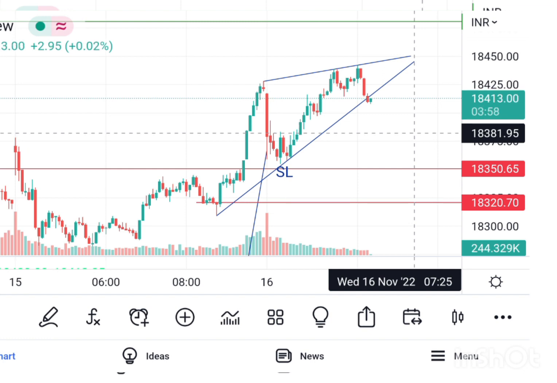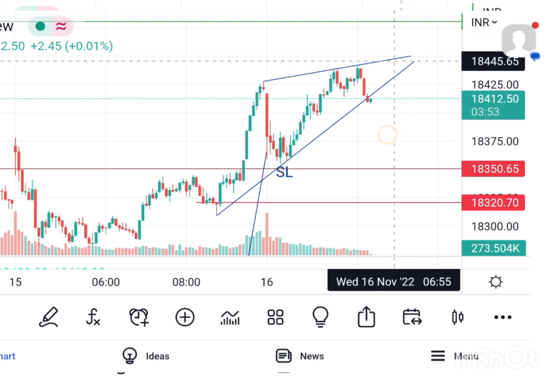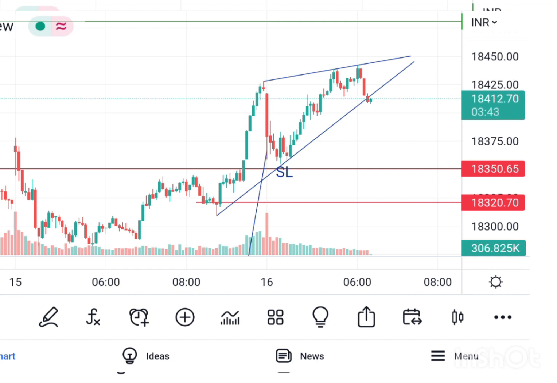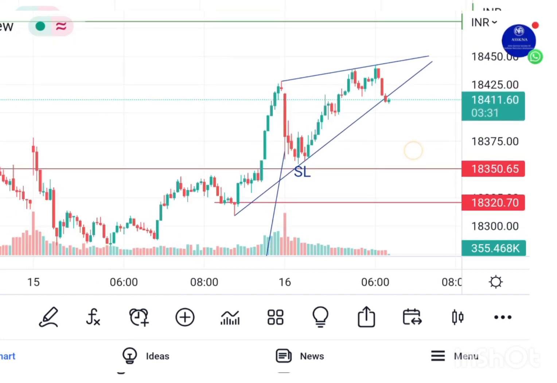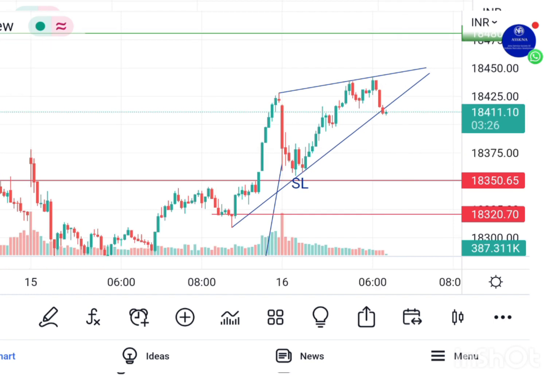So Nifty has taken reversal from 440, and yeah, I'll do one thing. I'll stick with my trade, and let's see where it goes with it.